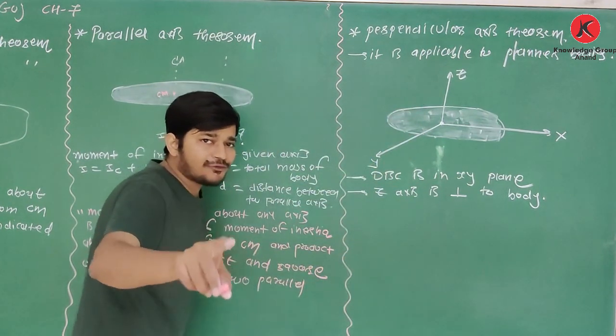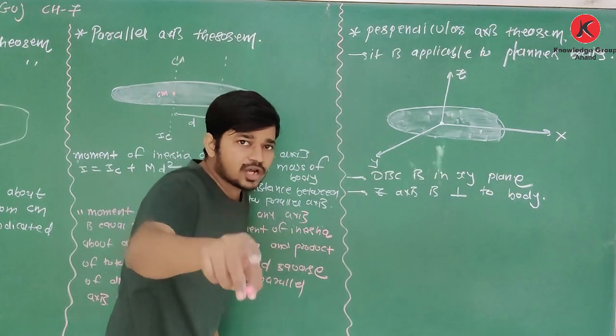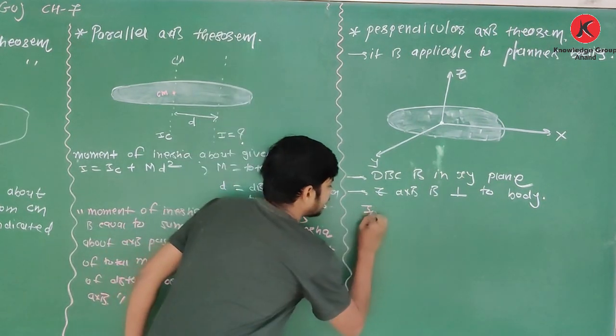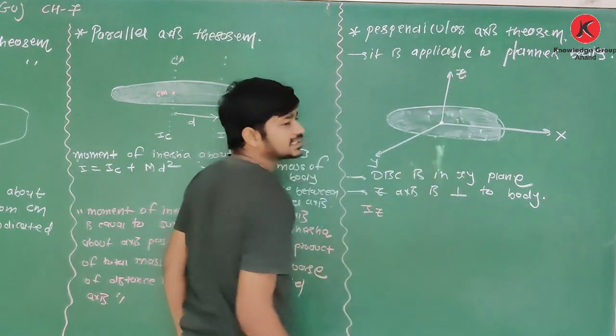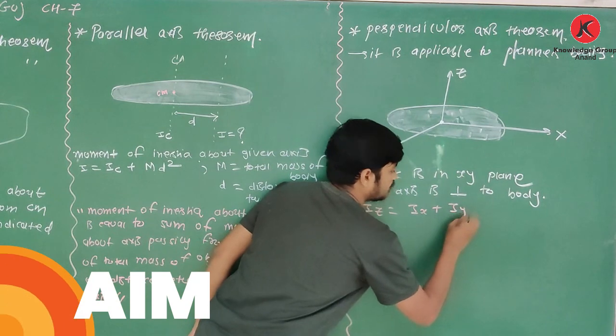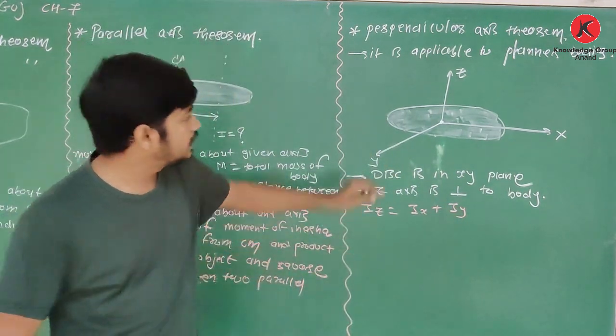So the moment of inertia about an axis which is perpendicular to the body, that is indicated by Iz, because here the z-axis is perpendicular, is equal to Ix plus Iy.